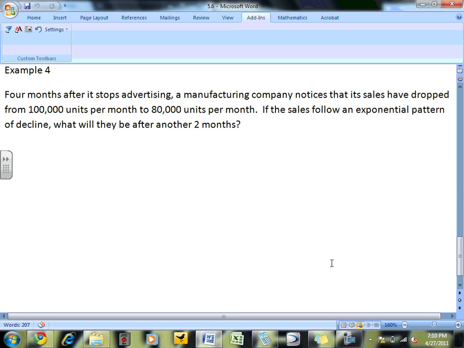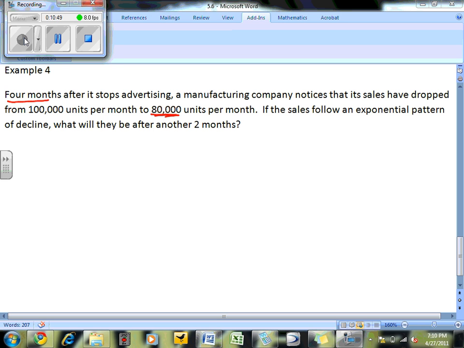So after 4 months, it drops down to 80,000 units per month, okay? 4 months after it stops advertising, the company noticed that its sales have dropped from 100,000 units per month to 80,000 units per month.